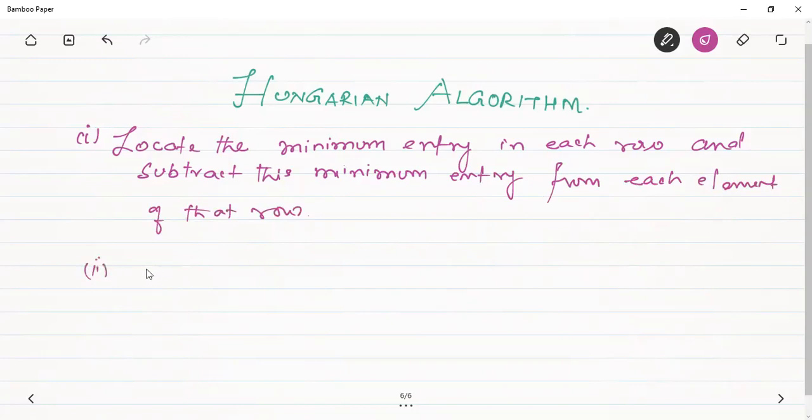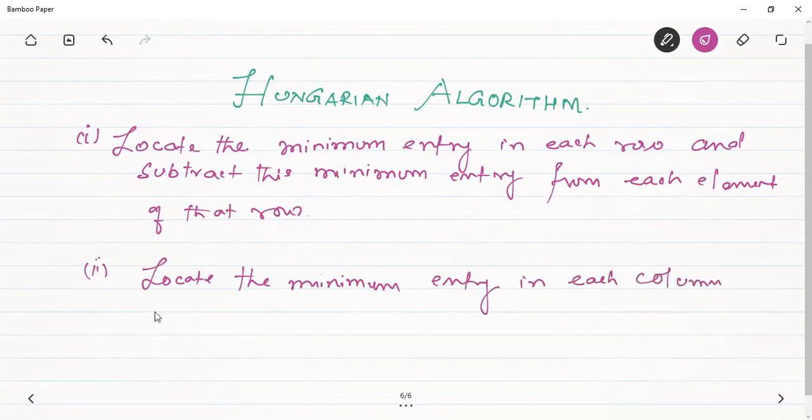The second step is: locate the minimum entry in each column and subtract this minimum entry from each element of that column.